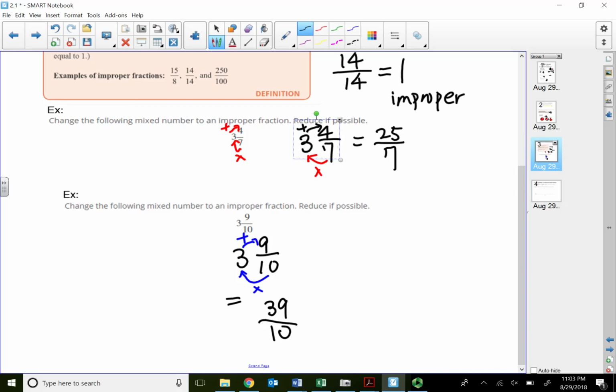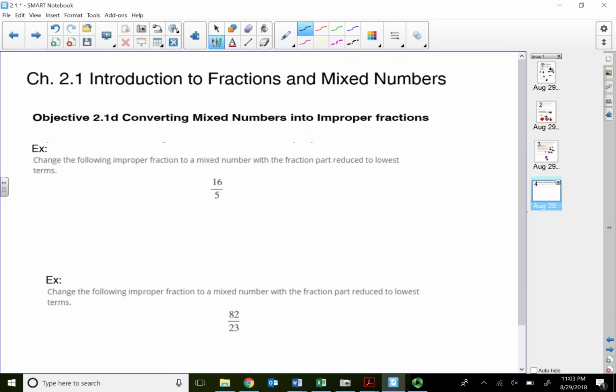My denominator does not change. It's still going to be the same. So let me explain to you why we add the numerator and why we take the denominator times the whole number. I can explain that in this objective when we're changing an improper fraction into a mixed number.